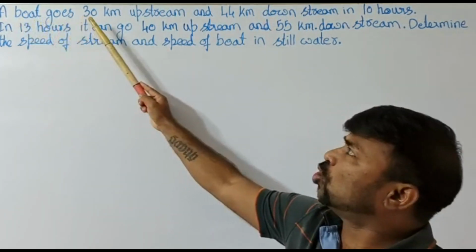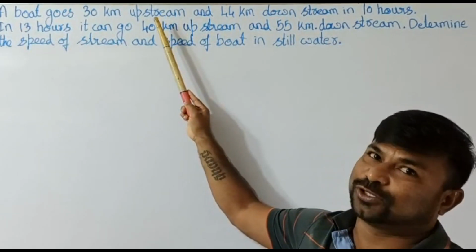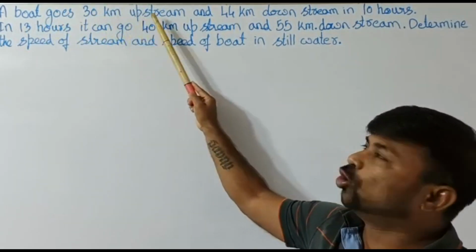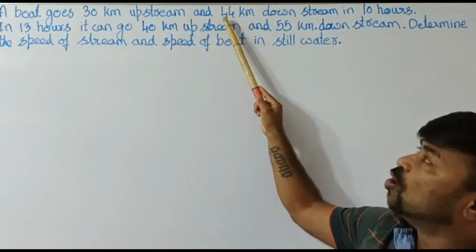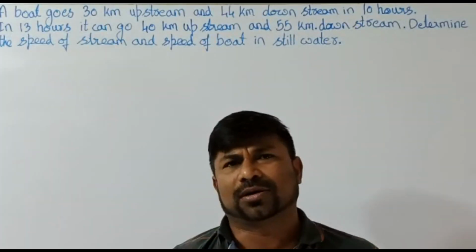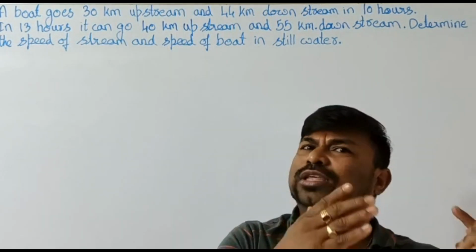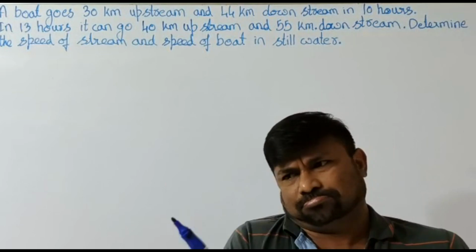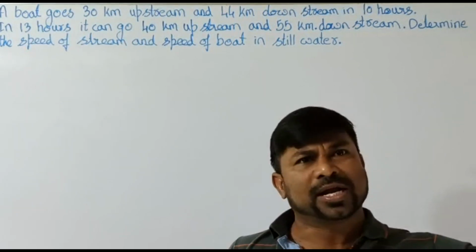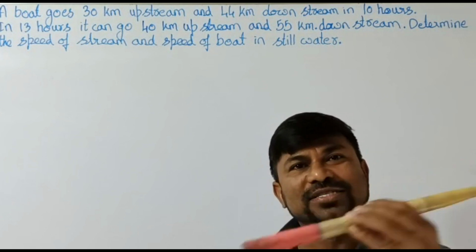A boat goes 30 kilometers upstream. Just now I told you the meaning of upstream. A boat goes 30 kilometers upstream and 44 kilometers downstream in 10 hours. Obviously, a journey consists of both upstream and downstream. For example, there is a river flowing, there is a stream flow, water flow is there.